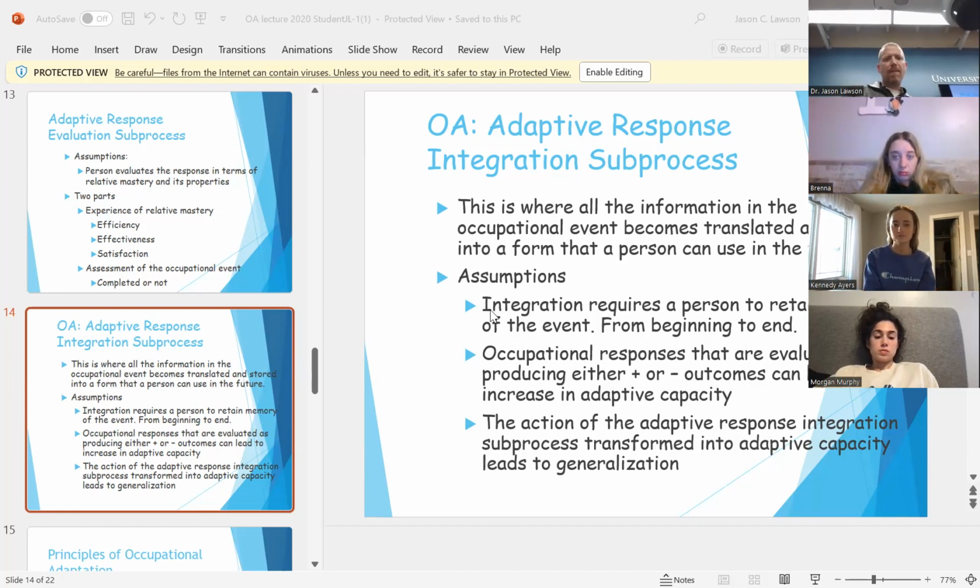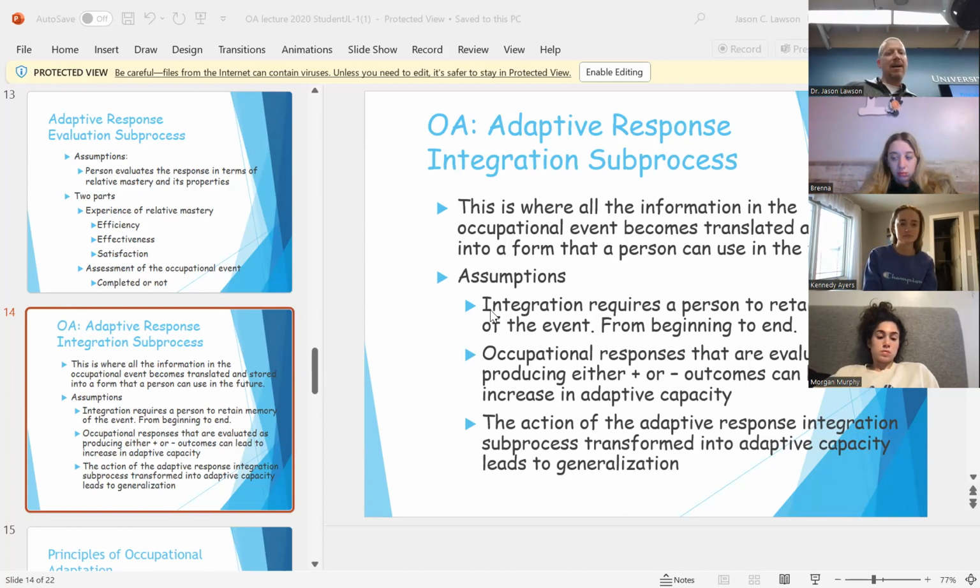Let's see here. The most important role of the OT is to elicit an adaptive response from the client. We do that through engaging them in occupation. If we're simply engaging a client in occupation, they're going to go through this whole internal process.